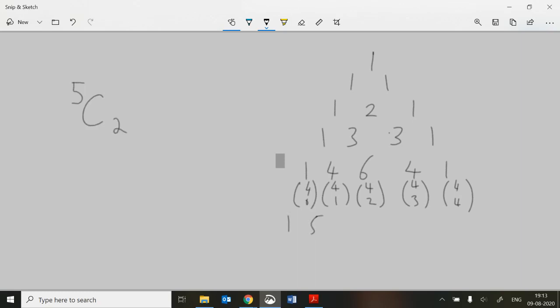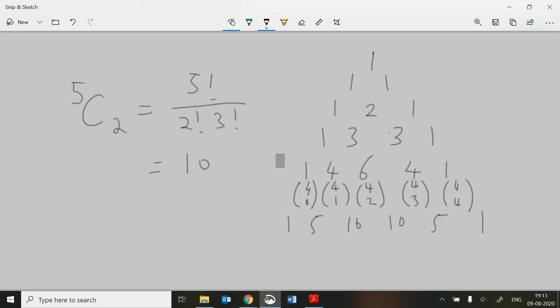Okay, so when we were looking for, say, 5 choose 2, you can also find that by making your Pascal's triangle, but obviously making Pascal's triangle takes a long time to do. So 5, 10, 5, and 1. So 5 choose 2, remember it's 5 factorial divided by 2 factorial, 3 factorial. That gives us 120 divided by 2 is 60, divided by 3 gives us 10.